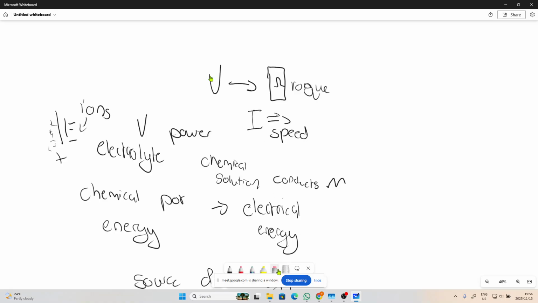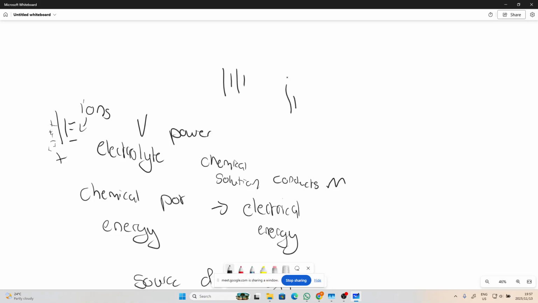Current, how quick the push is. Voltage kills, not current. A higher voltage is generally more dangerous than a high current. So when two of these cells are connected, like this here, it's called a battery, or even like this here.